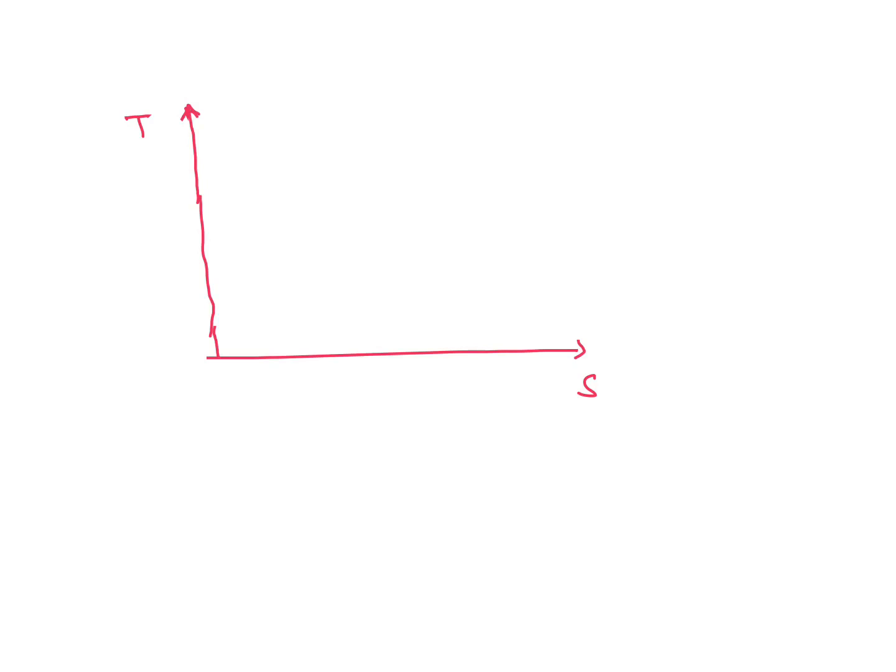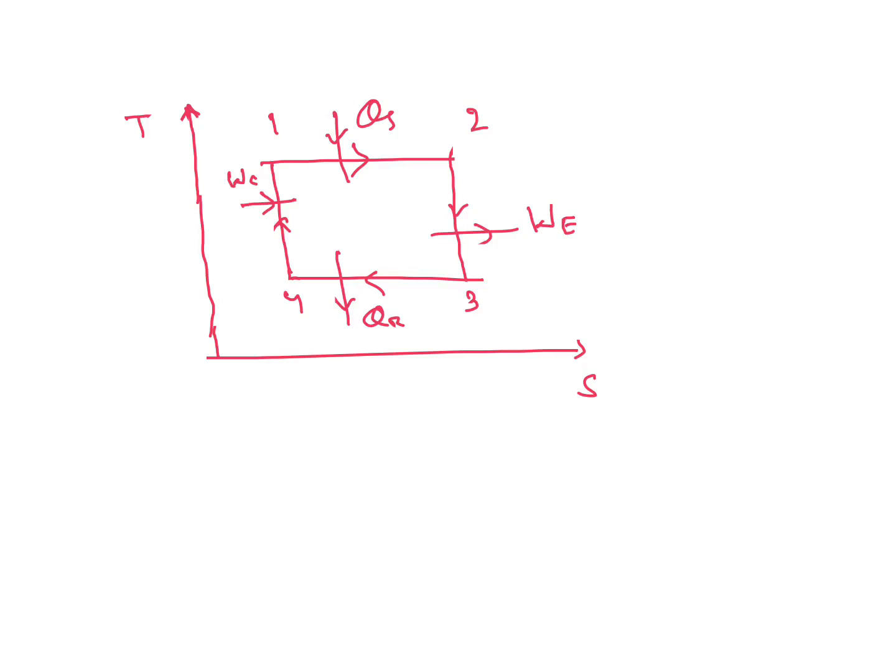One to two, 2 to 3, 1, 2, 3, 4. TS diagram, it's 1 to 2 isothermal heat addition, QS is heat supplied, and 3 to 4 it's isothermal heat rejection, QR is heat rejection.